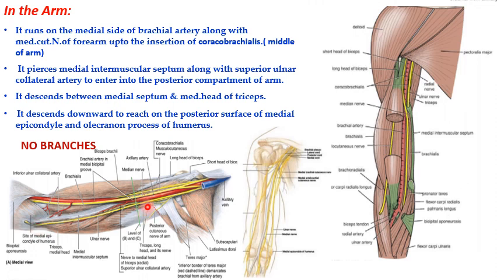So this ulnar nerve courses along with the medial cutaneous nerve of forearm on to the medial side of the brachial artery up to the insertion of coracobrachialis, which roughly corresponds to the middle of the arm.